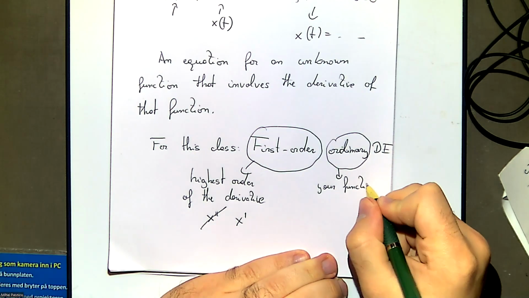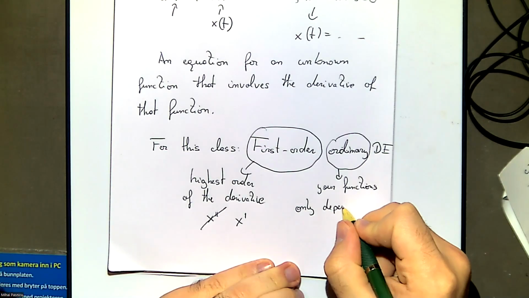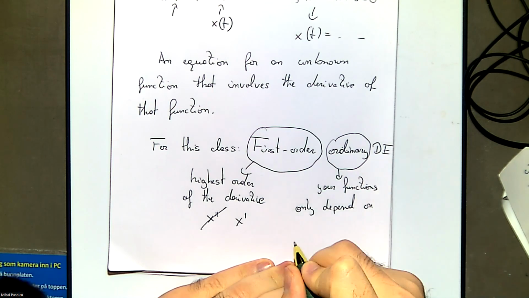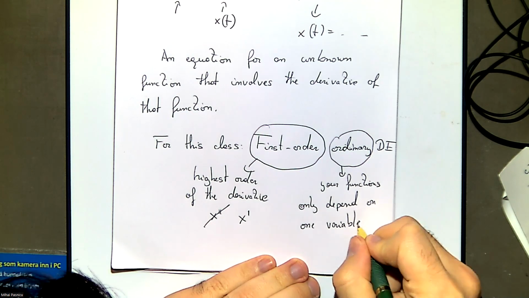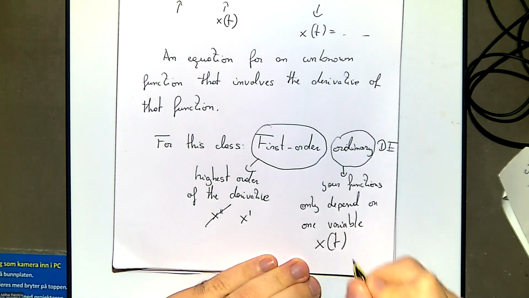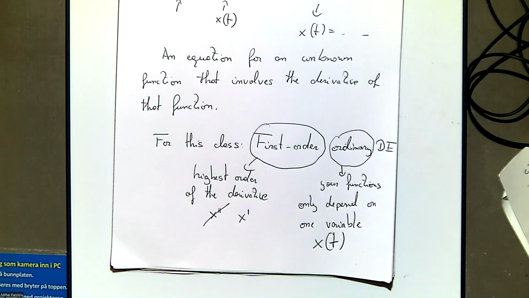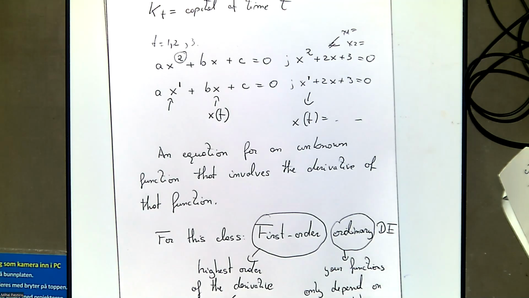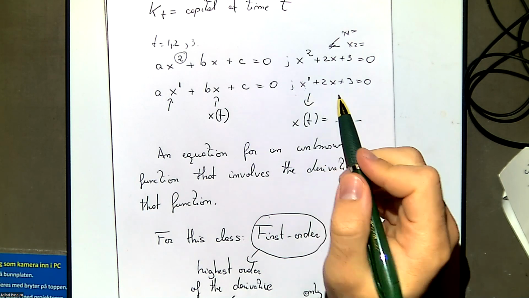Okay. Now, ordinary just means that your functions only depend on one variable. In most of the cases, and in general, in 99% of the applications, it's just x of time. Your variable depends on time. And the way you could interpret this differential equation is the change in x across time plus 2x plus 3 is equal to 0.